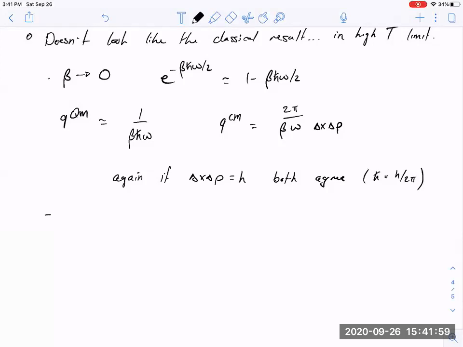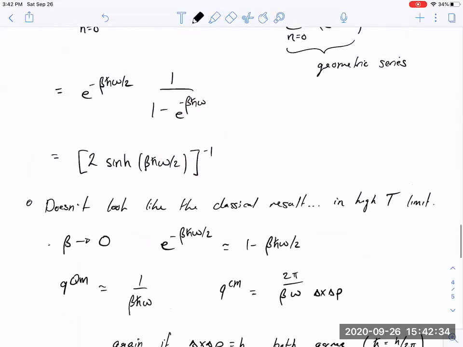What about the low temperature limit? A way of thinking about that is when beta goes to infinity. When beta goes to infinity, e to the minus beta h bar omega is much, much less than 1. So Q would be approximated as e to the minus beta h bar omega, the first term of which, so this denominator here I can ignore.